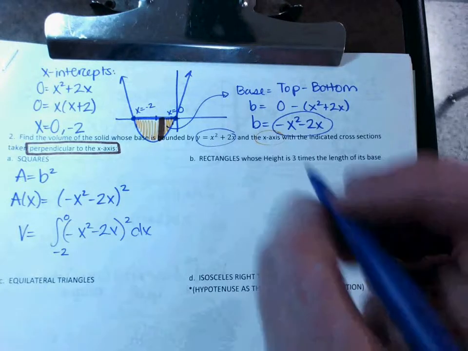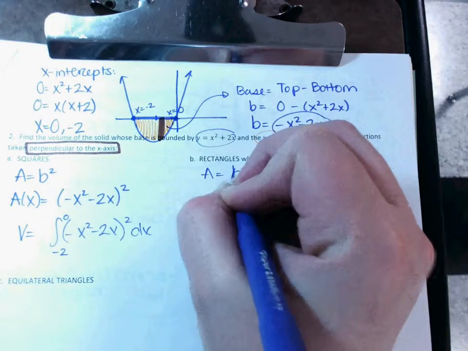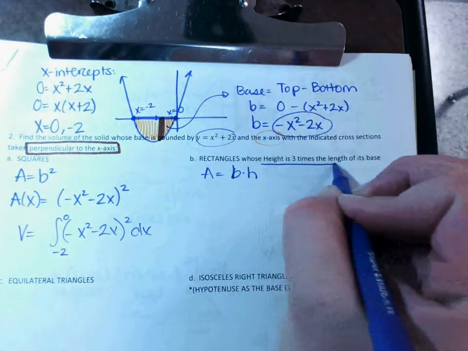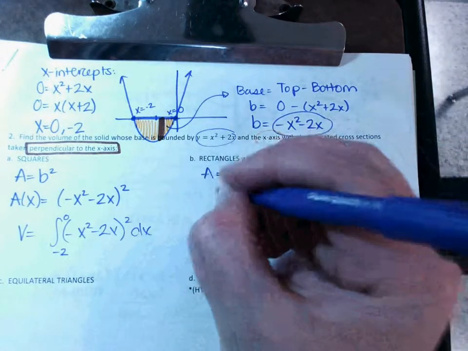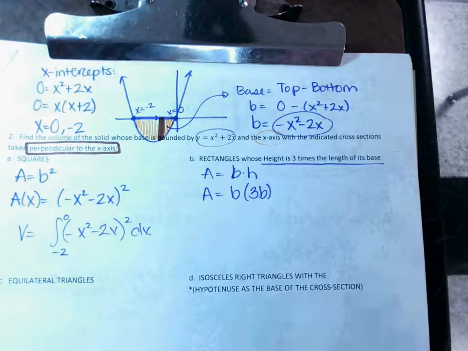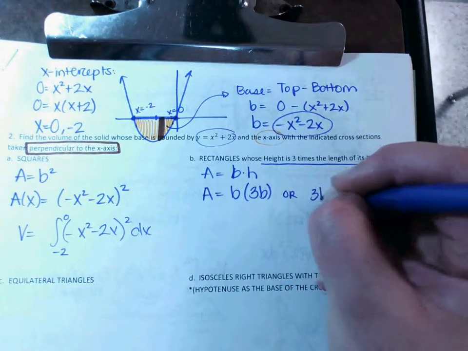Okay, next one, I want a rectangle. So that's going to be base times height. But then notice what it tells me about the height. The height needs to be 3 times the length of the base. Okay, well then I need my height to be 3 times the base. Well, I can easily reduce that to just be 3b squared.